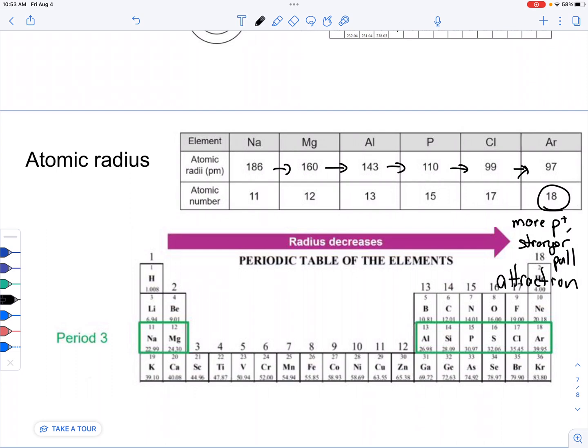And remember, all those electrons are in the same energy level, so they're about the same distance, but the more protons you have pulling on the electrons, the more it can pull them in, which is why the radius gets smaller. So as you go across the periodic table, the radius is going to decrease because you have the same number of energy levels, but there are more protons, they have a more effective pull, they can pull the electrons in more. There you go, that's it.